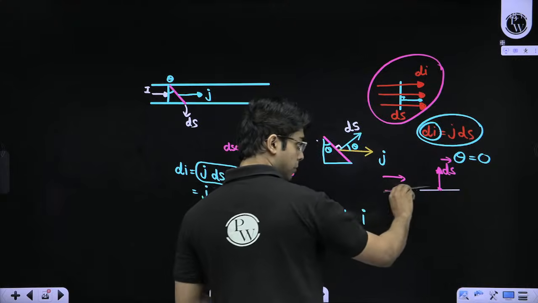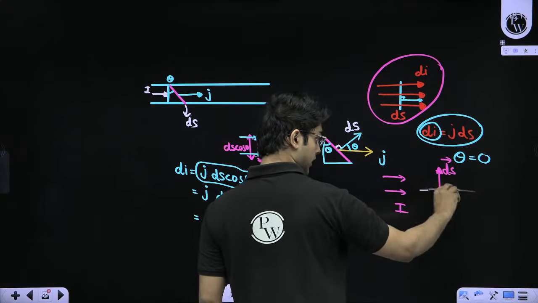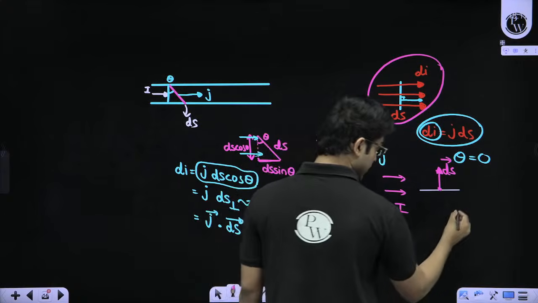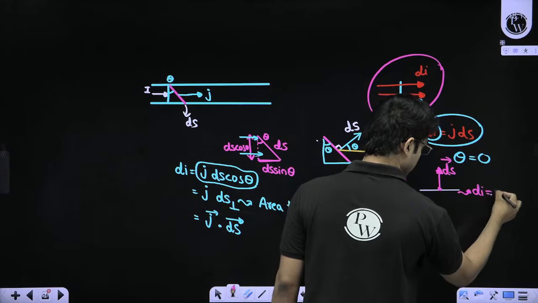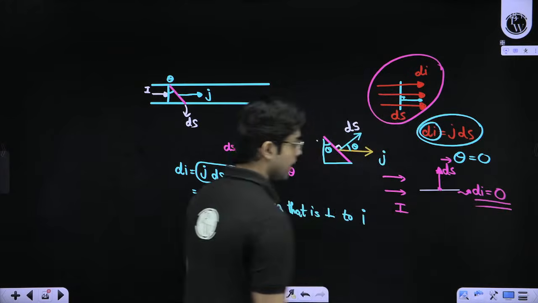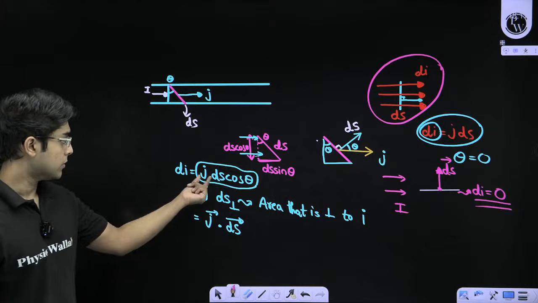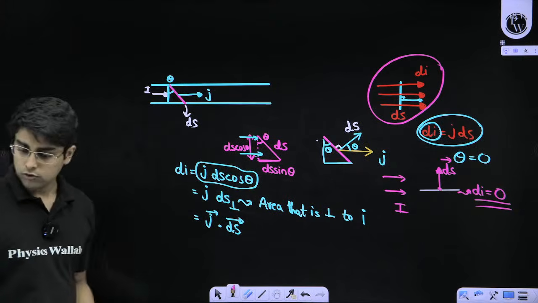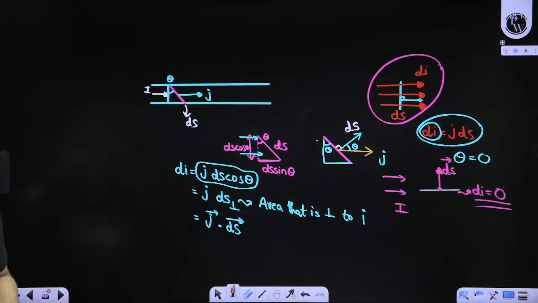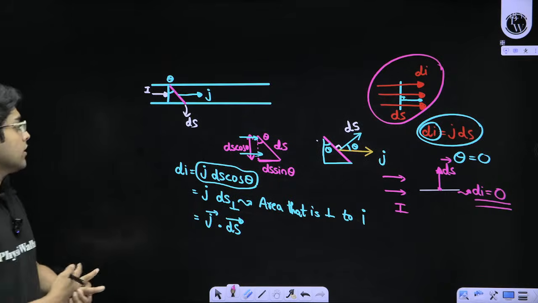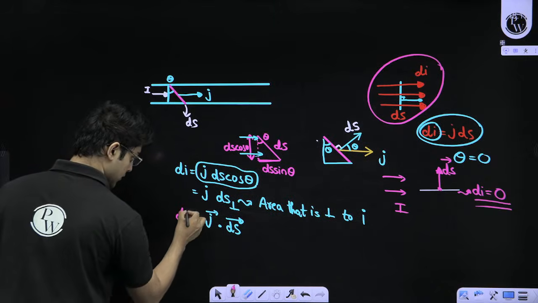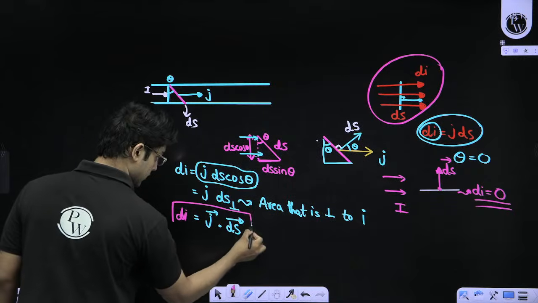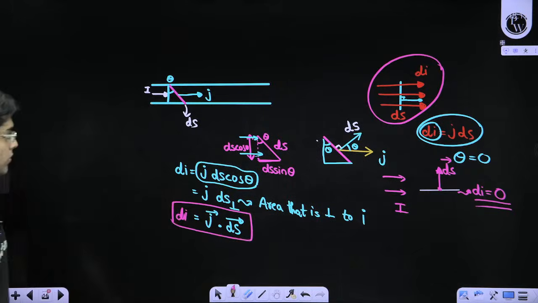So if the area is parallel to the current like this, the current through this area will of course be 0. And using the formula also you can see, it will be J ds cos 90, so it will be 0 only. All right, so this relation also is important.